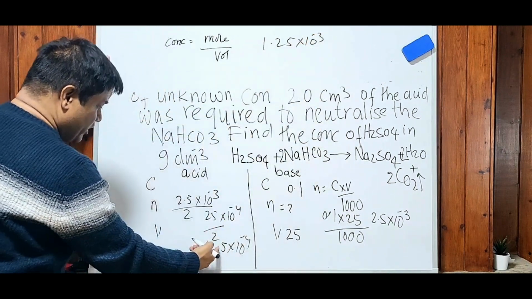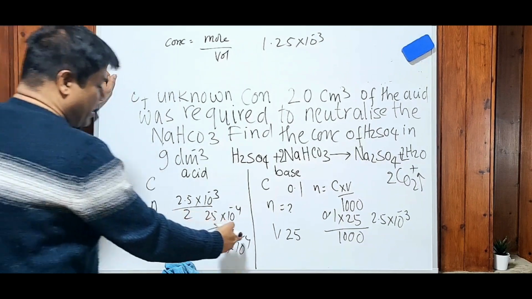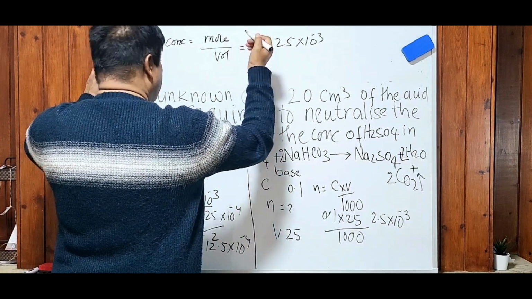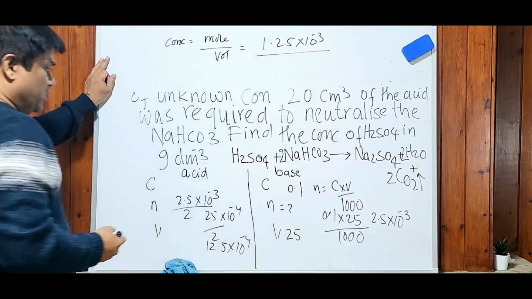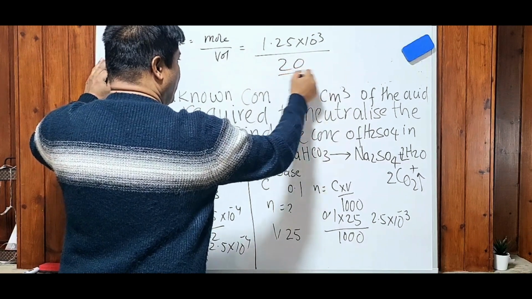So I move one decimal to this side, and 10 to the power of minus 4 becomes 10 to the power of minus 3. Better you use the calculator, guys. Over 20 divided by 1000.